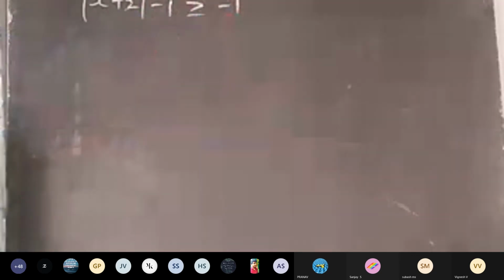Every problem, same formula. So when you get f of x greater than or equal to 0, now here only mod of the x values, x plus 2, greater than or equal to 0. When other constant values are there, you can add both sides. Mod of (x plus 2) minus 1.